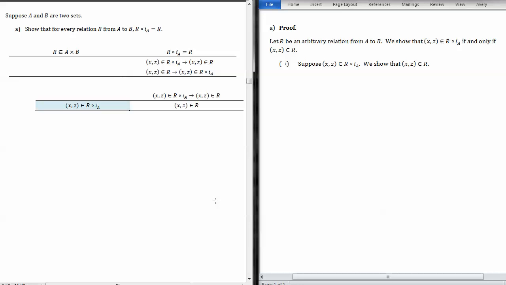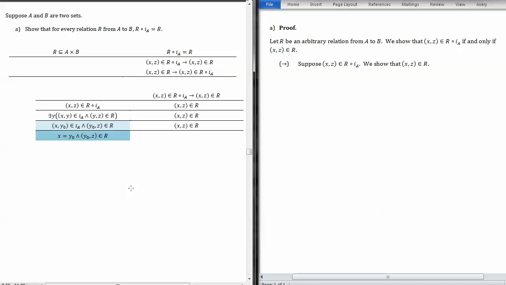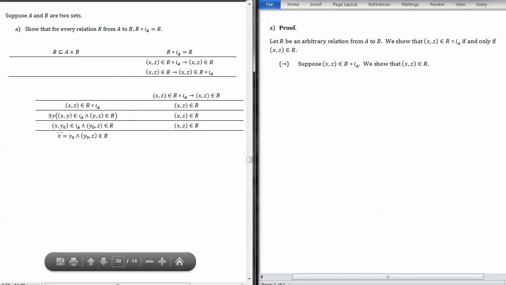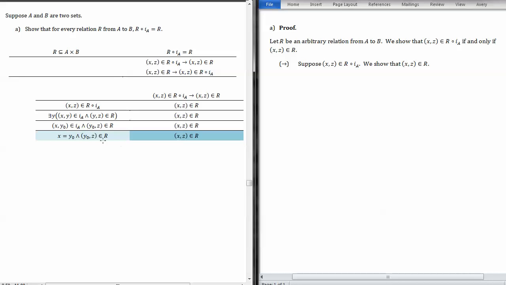And then for that ordered pair to be in the composition means there exists some y in between them, right, such that x, y is in I sub A and y, z is in R. And we can do existential instantiation to get a y naught for which that's true. And once we have that, well, for x, y naught to be in an identity relation means that x is equal to y naught, so we can make that replacement. And if x is equal to y naught, then I could replace this y naught right here by x, right? Which I do, and then I get that x, z is in R, which is my goal.